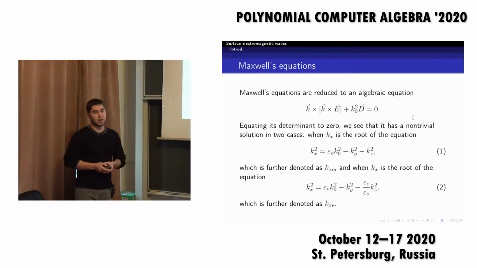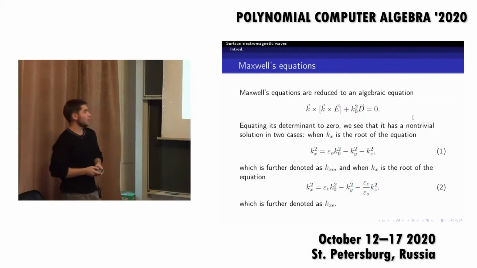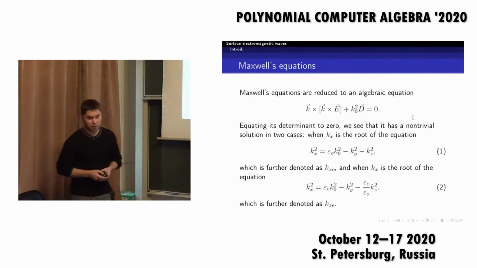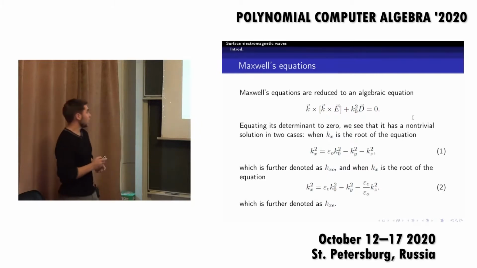Maxwell's equations are reduced to algebraic equations. After equating the determinant of these equations to 0, we see that we have two non-trivial solutions.